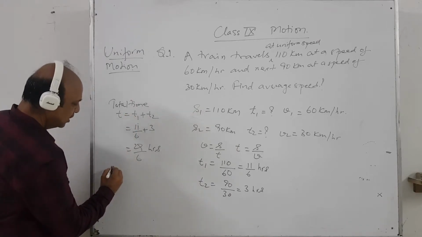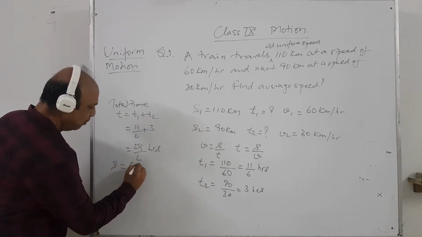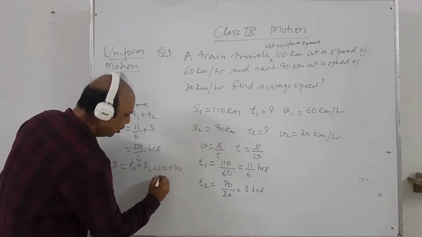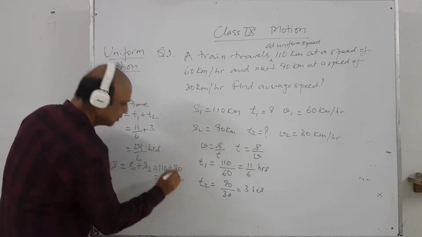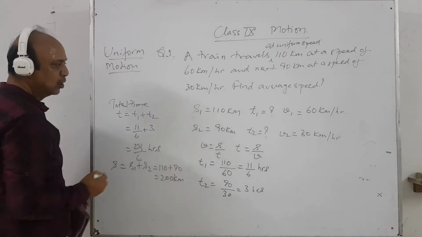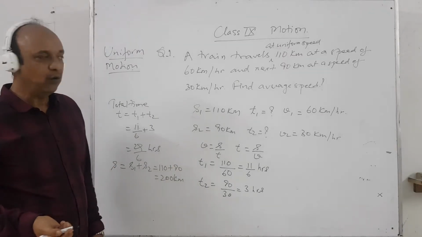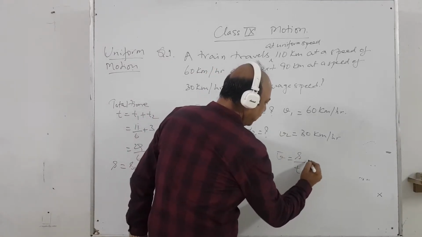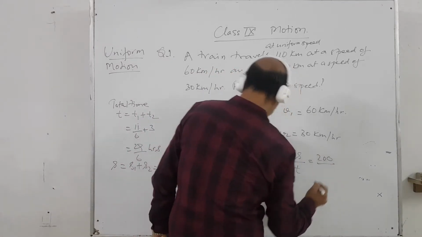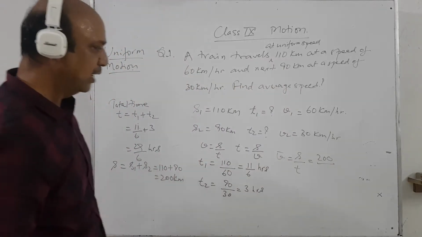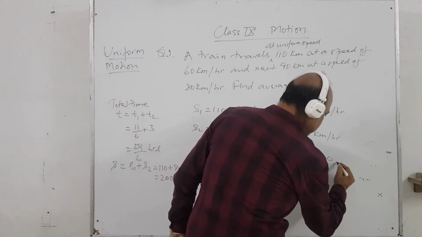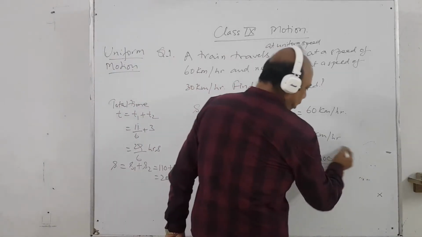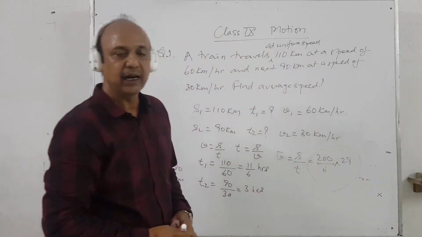Total distance S is equal to S1 plus S2, which is 110 plus 90 or 200 kilometers. So we know the formula now. The average speed is equal to V bar is equal to S upon T, that is 200 divided by total time, which was 29 by 6, so which we can write as 200 into 6 upon 29. Solve this and we get the final answer.